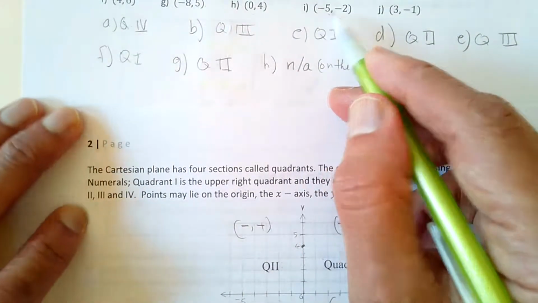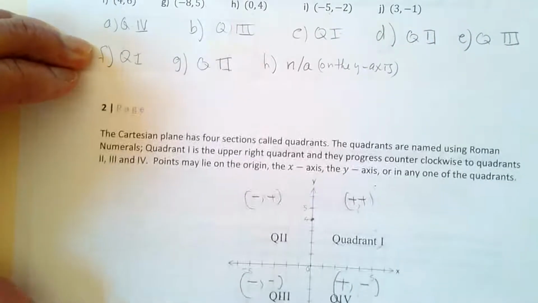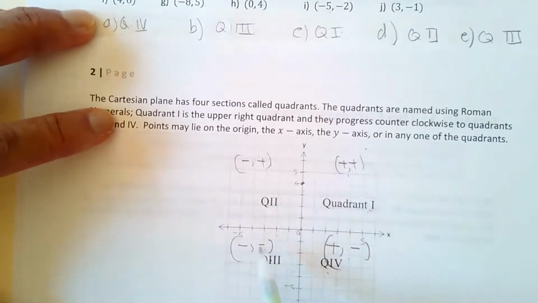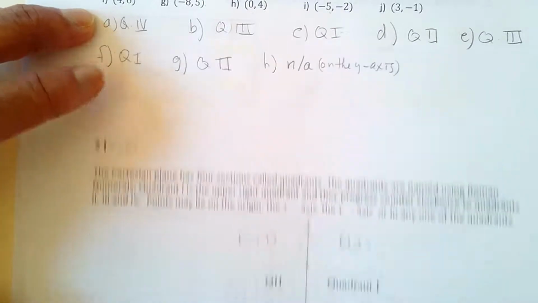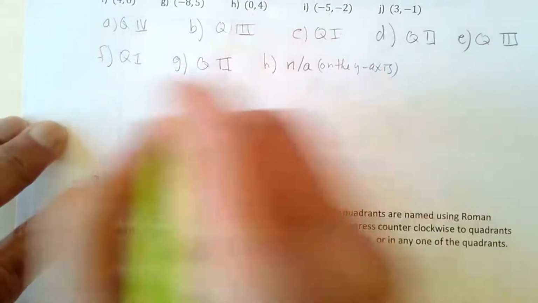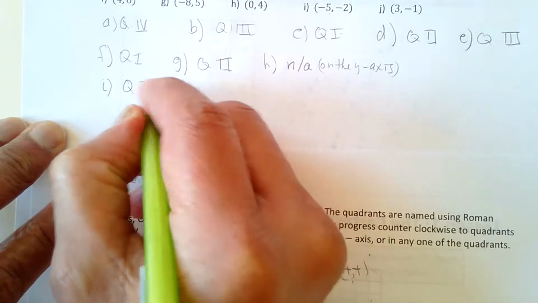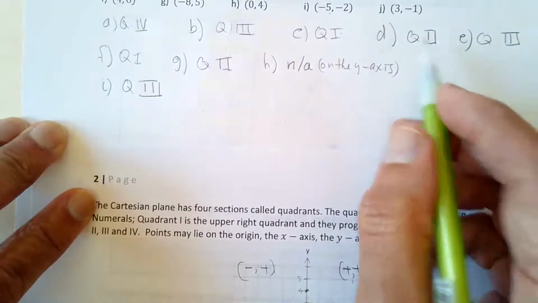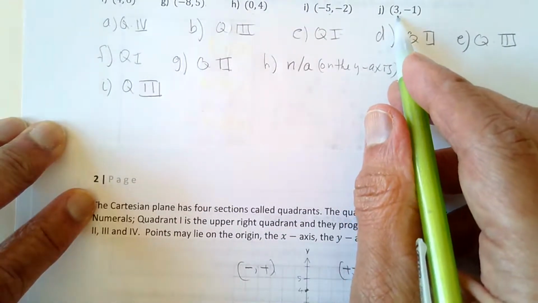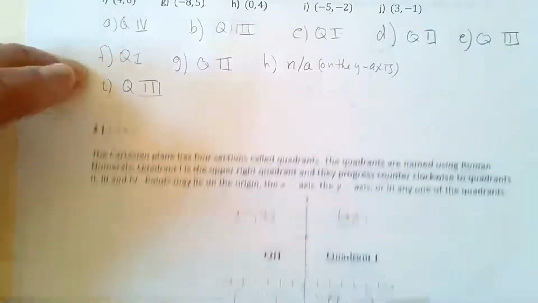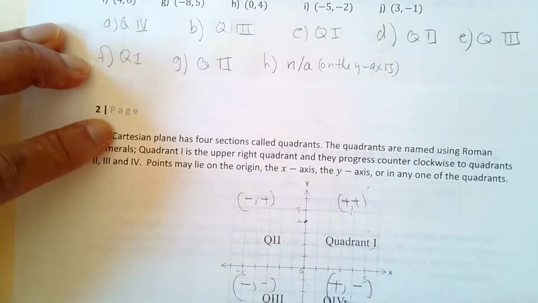I is -5, -2. So -5, -2 will be in quadrant 3. So put I, quadrant 3. And finally, J, 3, -1. So here we have positive and negative, which should be in quadrant 4.